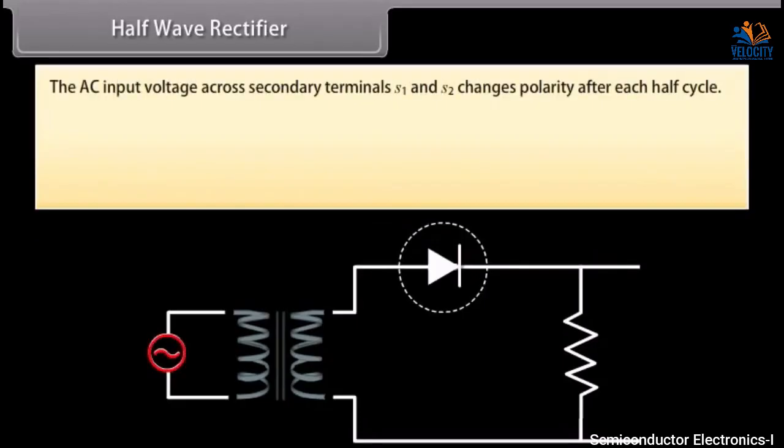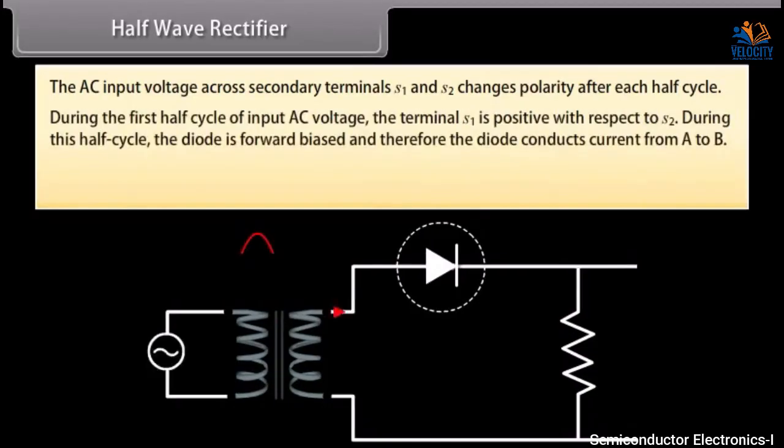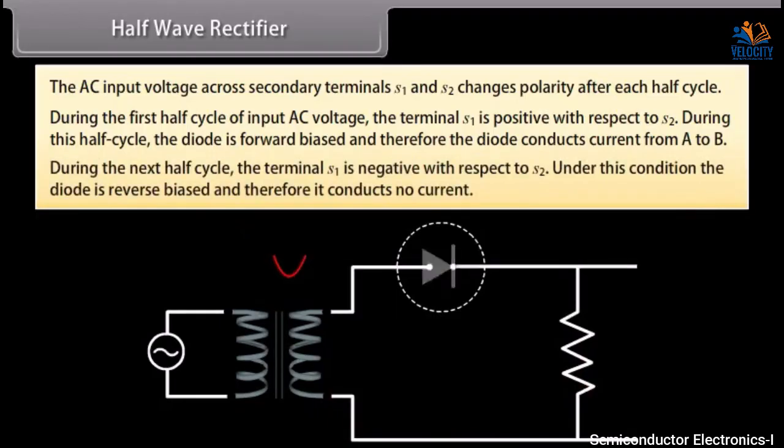The AC input voltage across secondary terminals S1 and S2 changes polarity after each half cycle. During the first half cycle of input AC voltage, the terminal S1 is positive with respect to S2. During this half cycle, the diode is forward biased and therefore the diode conducts current from A to B. During the next half cycle, the terminal S1 is negative with respect to S2.